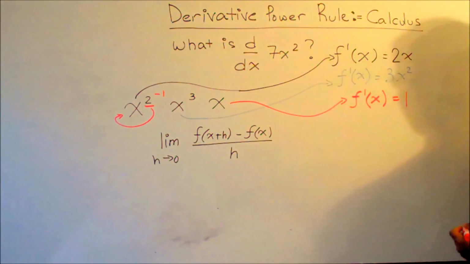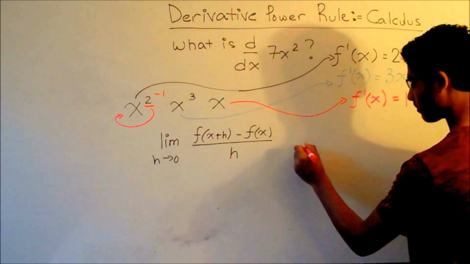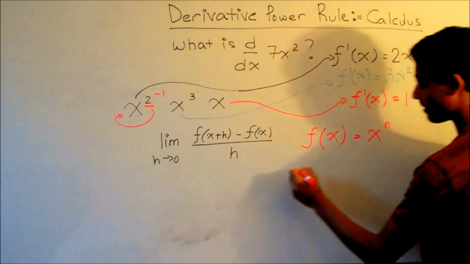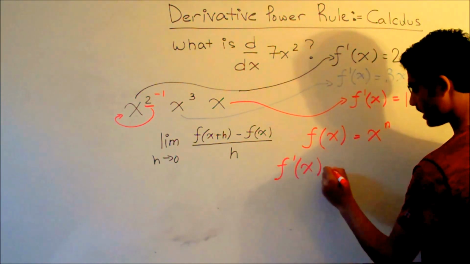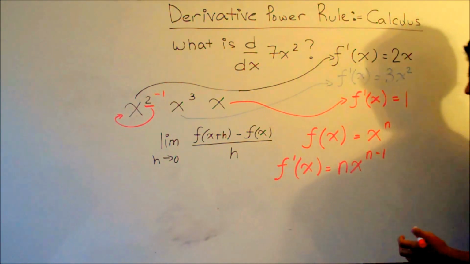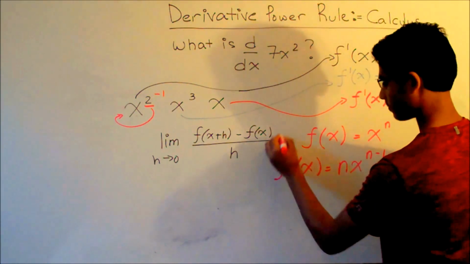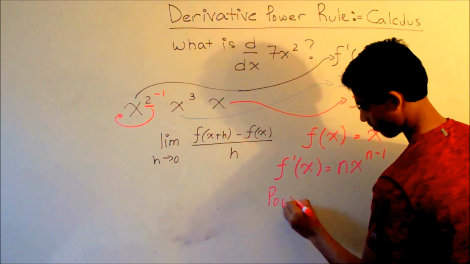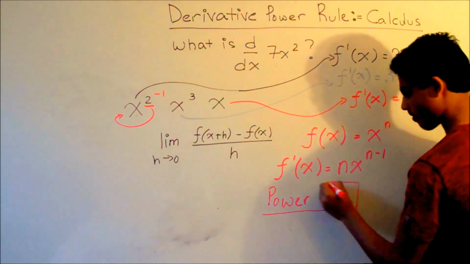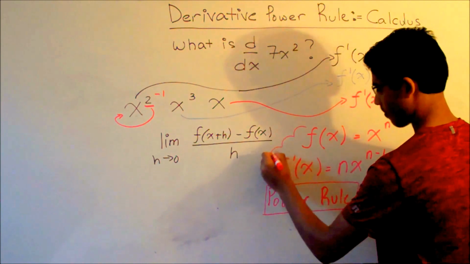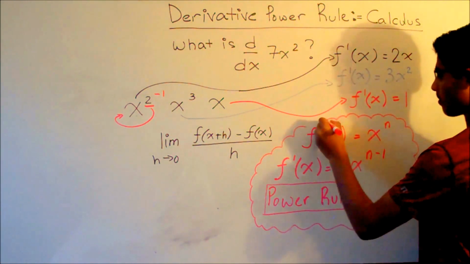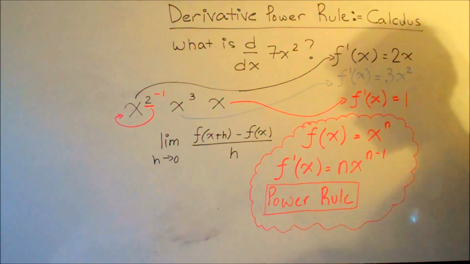So, the formula that is written out in the textbook is if f of x is equal to x to the nth power, then that means that f prime of x is equal to n times x to the n minus 1 power. This is known as the power rule.